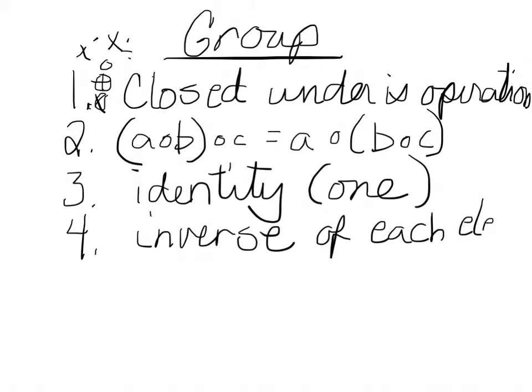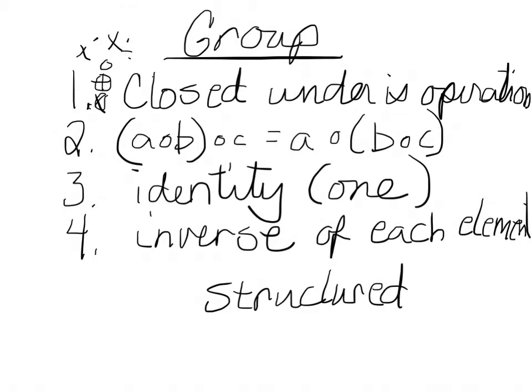So what we have is what we like to call in mathematics a structured set. This is a very structured set. It has lots of nice features. It has closure, it has the associative property, it has one identity that works for every element, and each element has its own inverse. So this is a structure imposed on this particular set. And if a set has structure, it can do things.